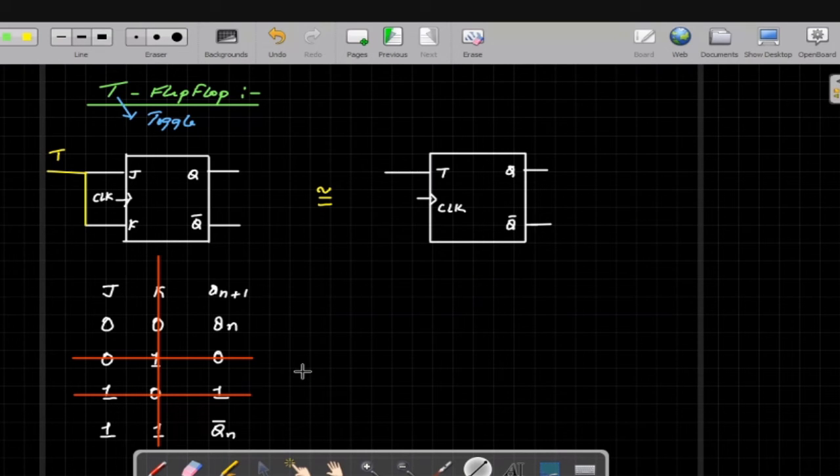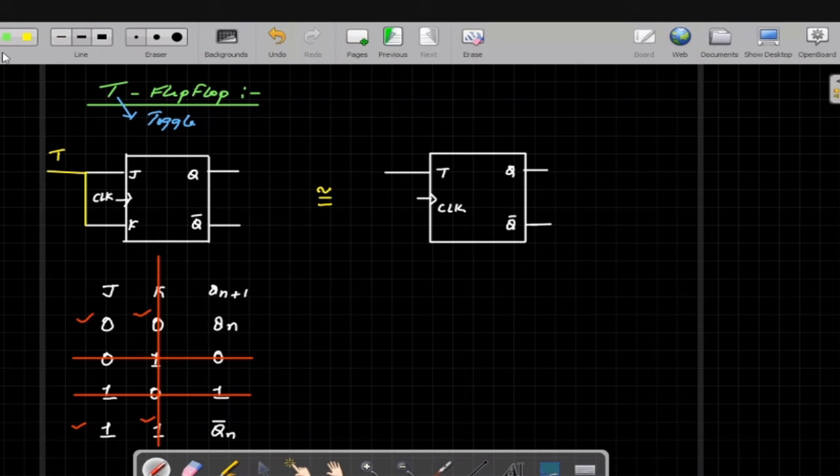Because both complements are there, both inputs J and K are the same. Yeah, so both could be either 0 0 or 1 1. So the leftover terms I'm going to write here, which will give you the function table for T flip flop.